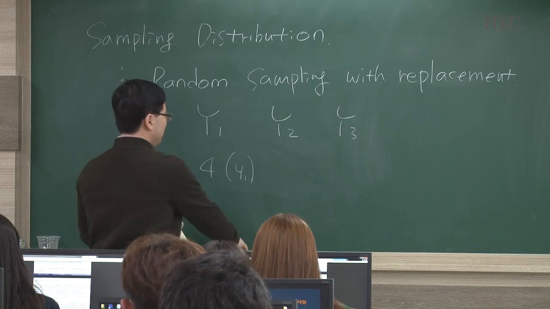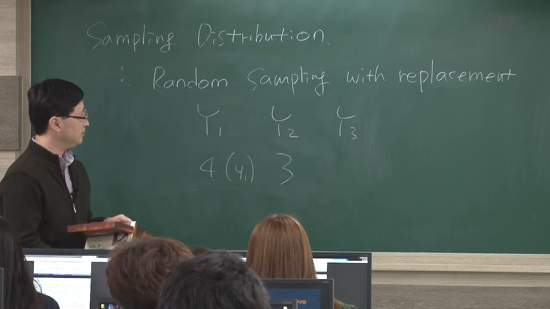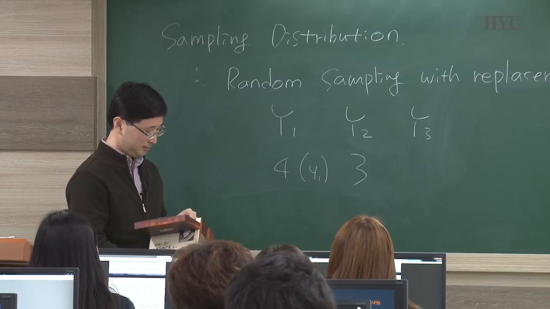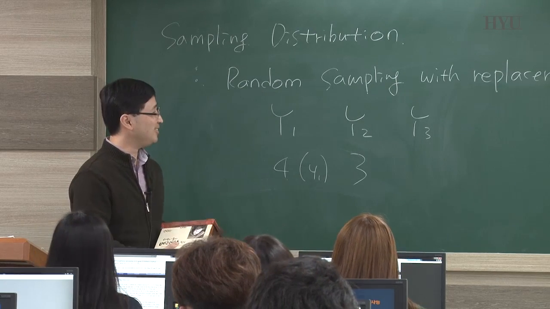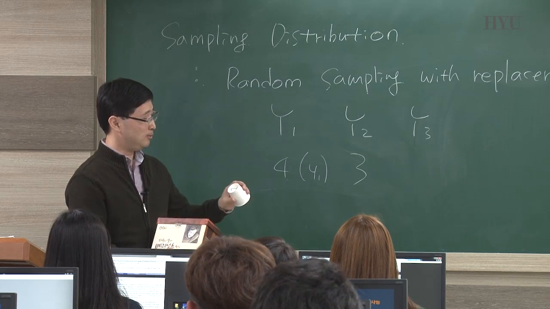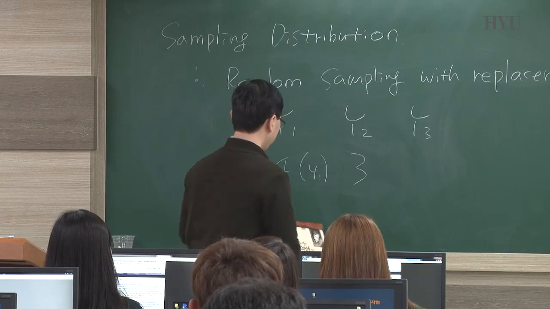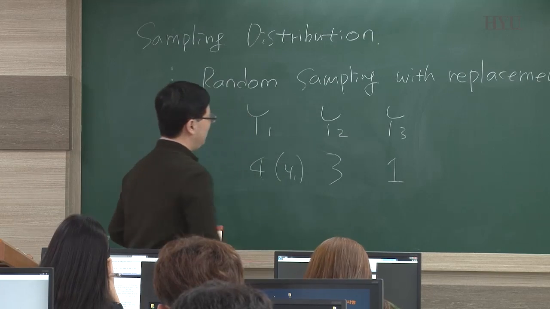Now I do this again. 3. So y2 turns out to be 3. And then I put it back. Oh, it's not a random sample, so I shouldn't do it. Let me draw this. That's 1, right? So y3 turns out to be 1.